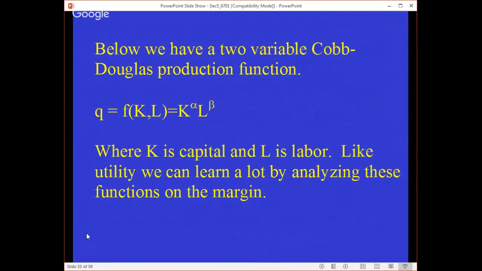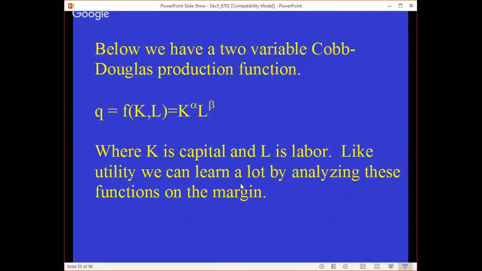And it looks like this, right? Output, Q, is equal to capital to some exponent, they called it alpha, times labor to some exponent, they called it beta, right? So that's a Cobb-Douglas production function.